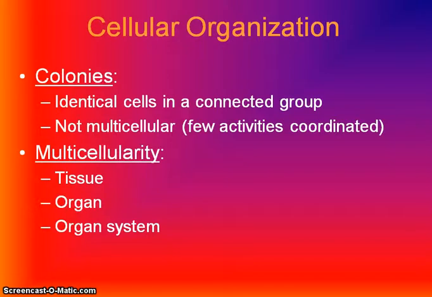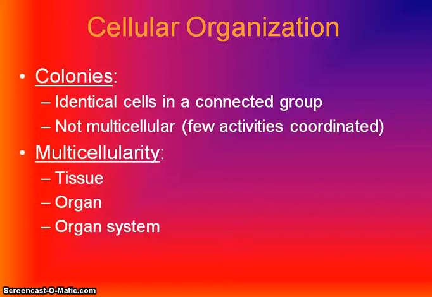We talked a little in Chapter 1 about organization, and with cells we need some sort of organization. There are a couple different types: true multicellular organisms or colonies. Colonies are just going to be identical cells that live in a connected group. They're not truly multicellular. They don't actually coordinate many of their activities together.